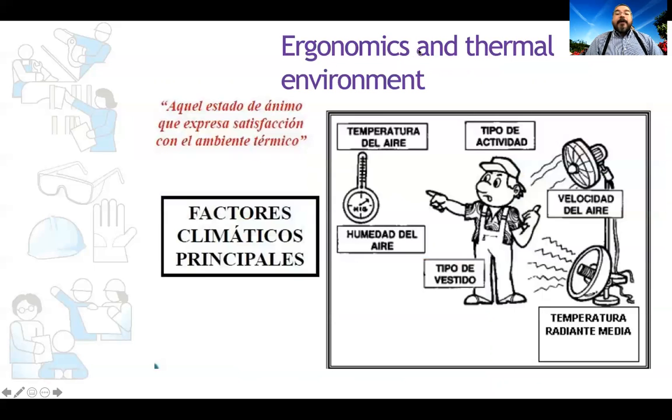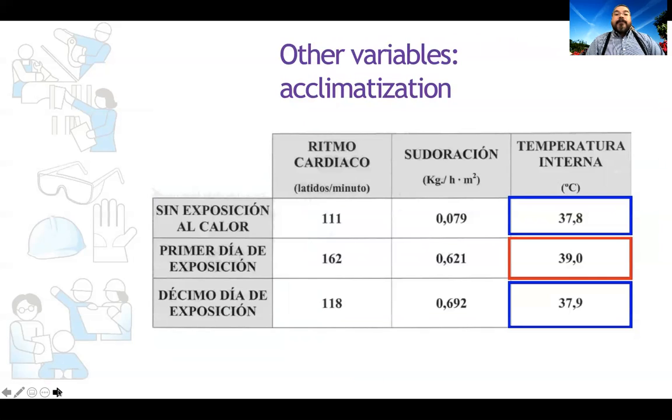In terms of thermal environment, you should look into the air temperature, the type of activity, the air humidity, the type of clothes, the air velocity, and the mean radiant temperature. We must also take into account the acclimatization of the body.